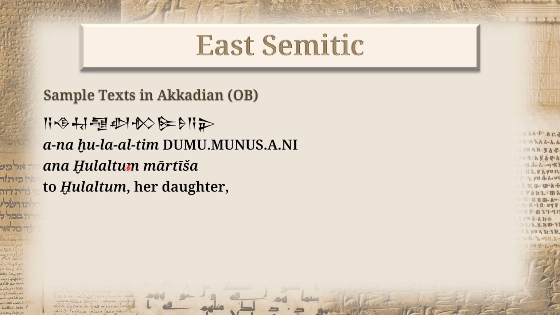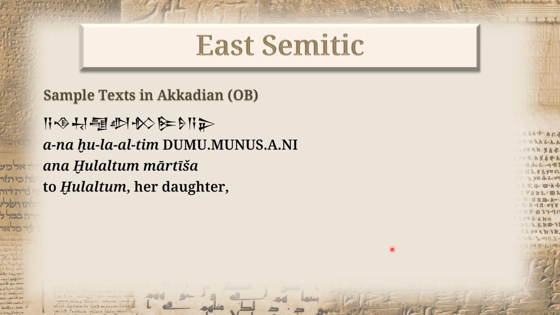Sorry, I made a mistake here. This should be I as well. So because it is Anna Chulaltim. Okay, this is a proper name, Chulaltum, and proper names are sometimes inflected by case, and because there's Anna here, it's a preposition, you need the genitive case, which is Chulaltim.